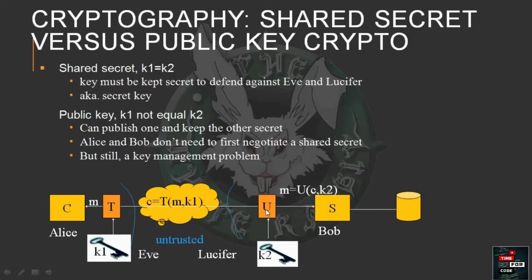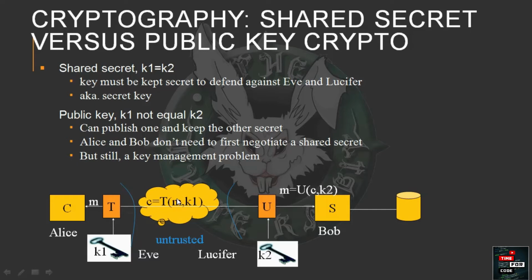In both shared secret and public key cryptography, we can look at this diagram. We have Alice wanting to transmit to Bob the unencrypted message M, which passes through a transformation T, together with the input of a key K1.